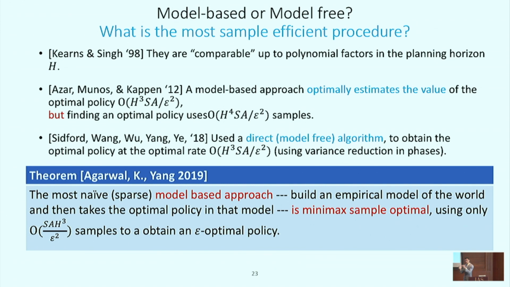The simplest model-based approach of just drawing samples uniformly from this generative model, taking the empirical model, and using any efficient algorithm to find the optimal policy, is sample efficient. So at some fundamental level, they're essentially the same up to log factors. There should not be a difference between model-based and model-free, and on the log factors, I think model-based clearly wins.